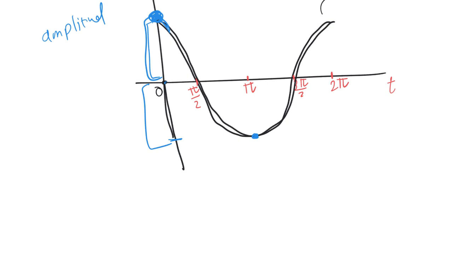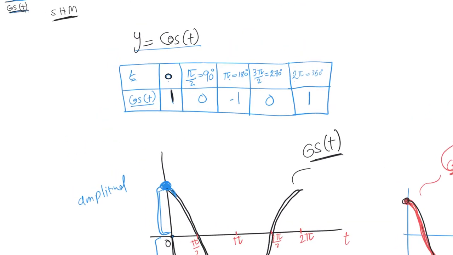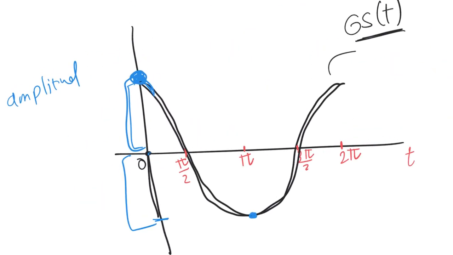Okay, now we are clear. For the cosine function, it starts from 1, goes to 0 at pi over 2, to -1 at pi, then back to 0, and completes one oscillation when theta is 2 pi.